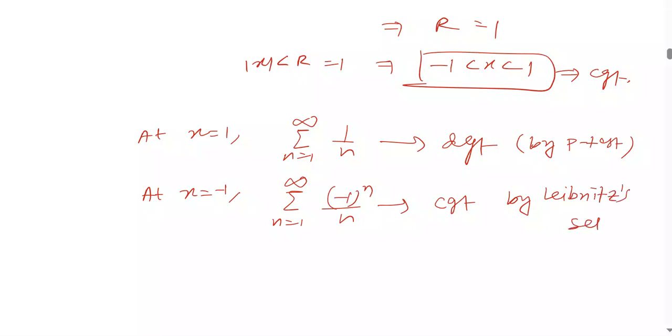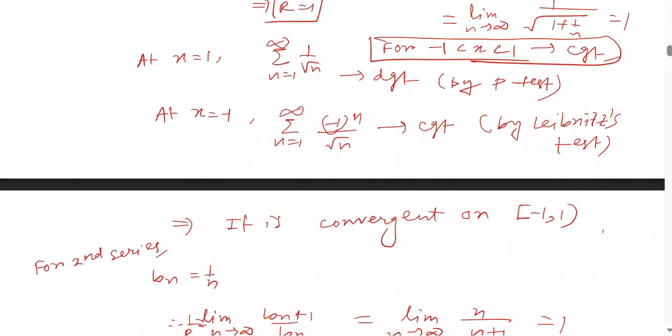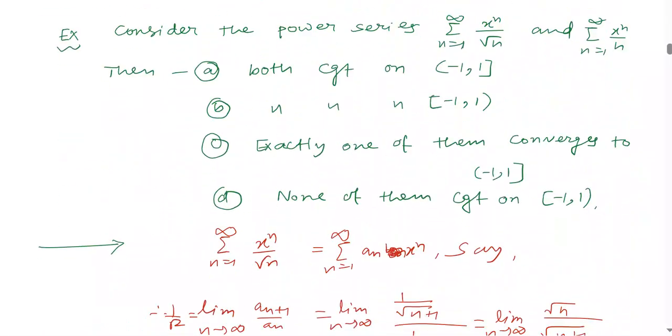Okay, this one also fine. Therefore, interval of convergence is [-1, 1). For both the cases it is convergent on [-1, 1). तो आपका जो आंसर होगा वो है बी ऑप्शन.